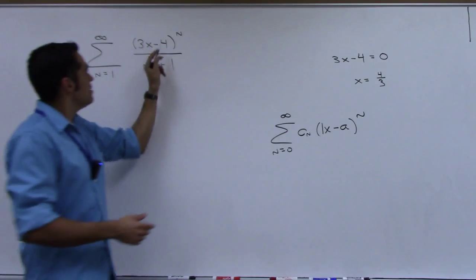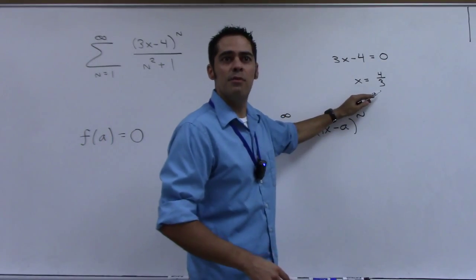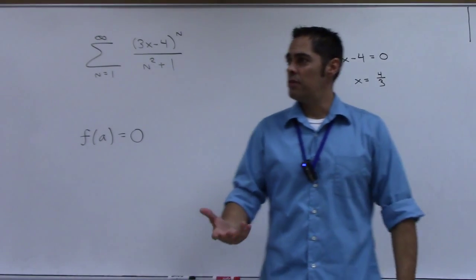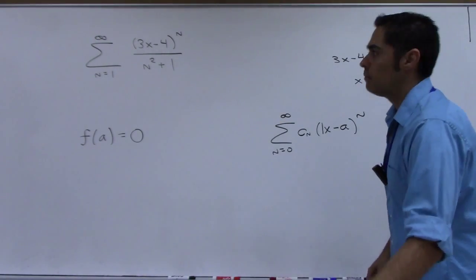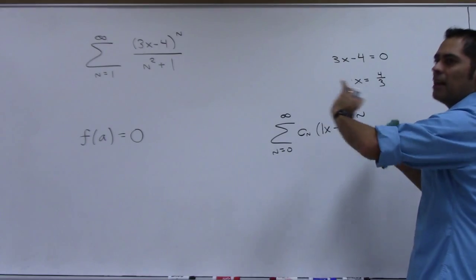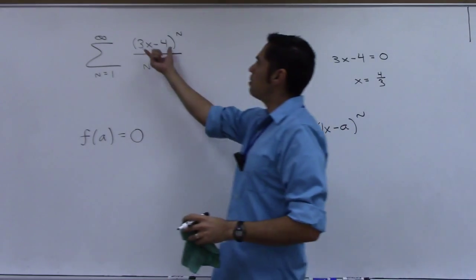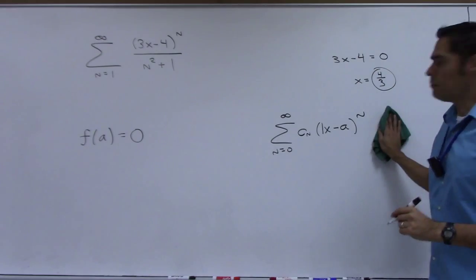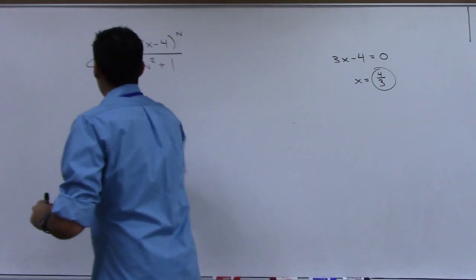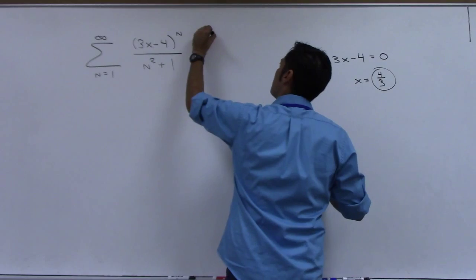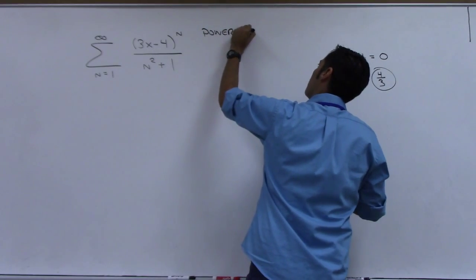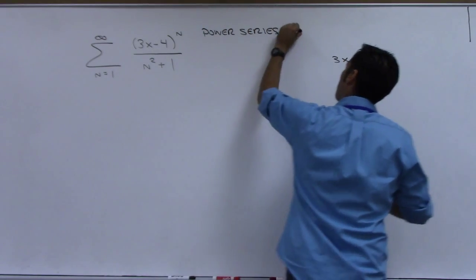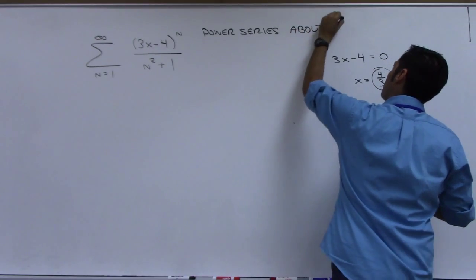And so you set the inside right here equal to 0, and you get x is 4/3. So a is 4/3. You don't want to try and change the actual function itself. You don't want to try and take things out. Just set this linear expression equal to 0, and this right here is a. So this is a power series about 4/3.